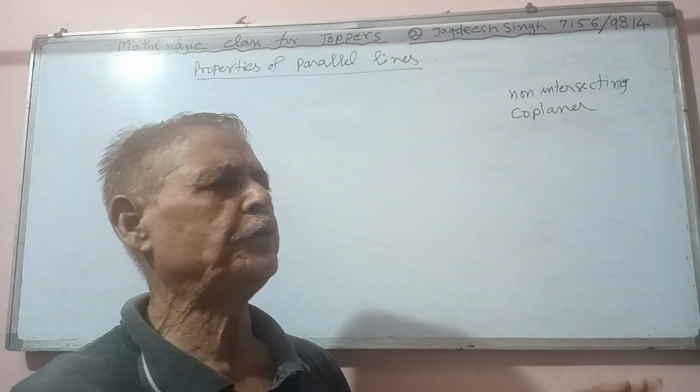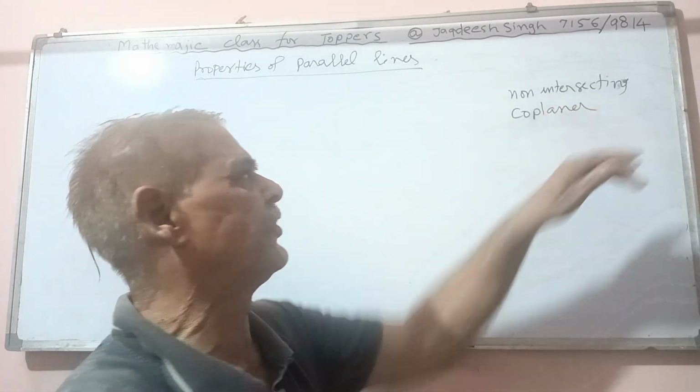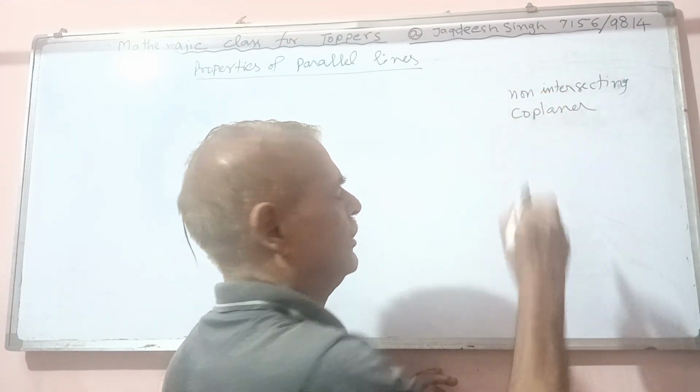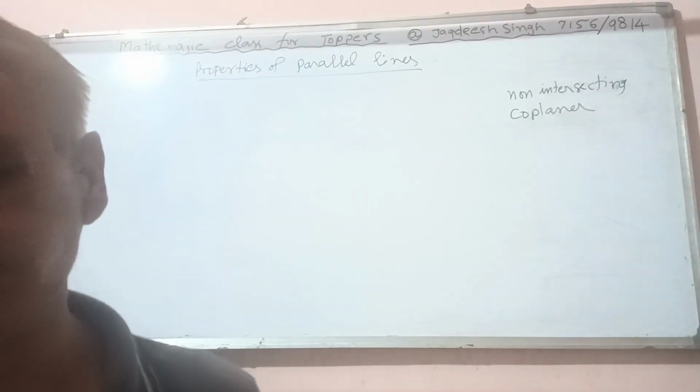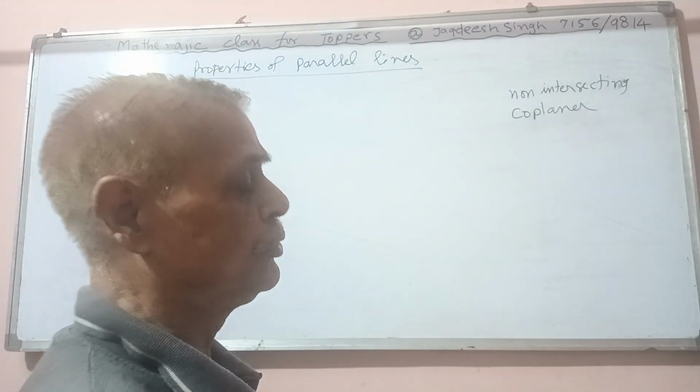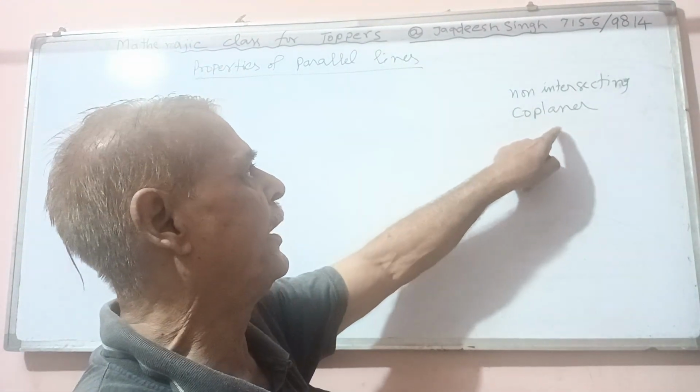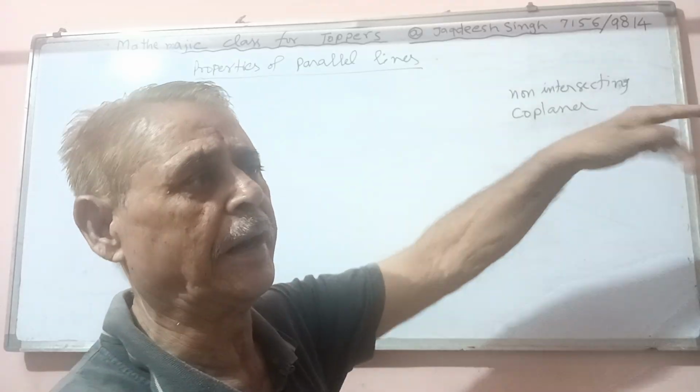Two or more lines which are coplanar and non-intersecting, do not intersect each other, they are known as parallel lines. So, two or more coplanar non-intersecting lines are parallel lines.